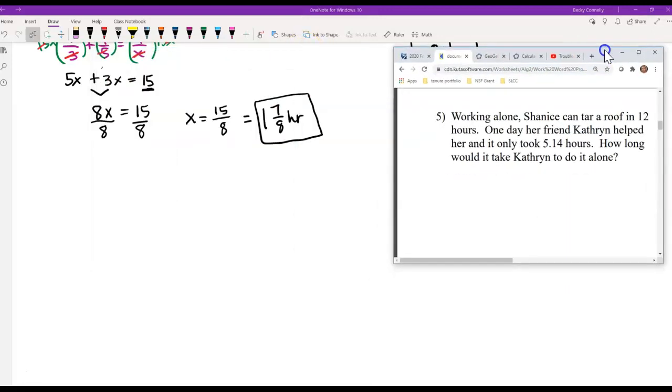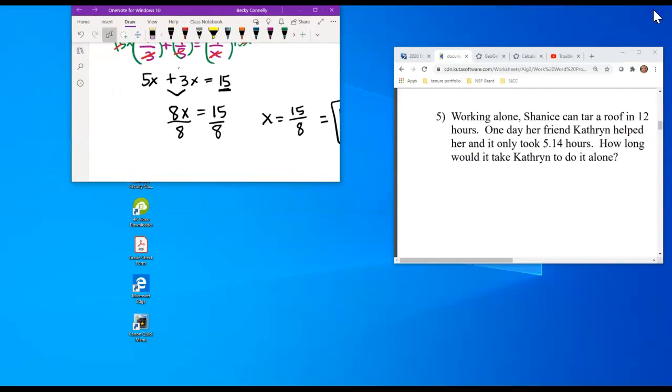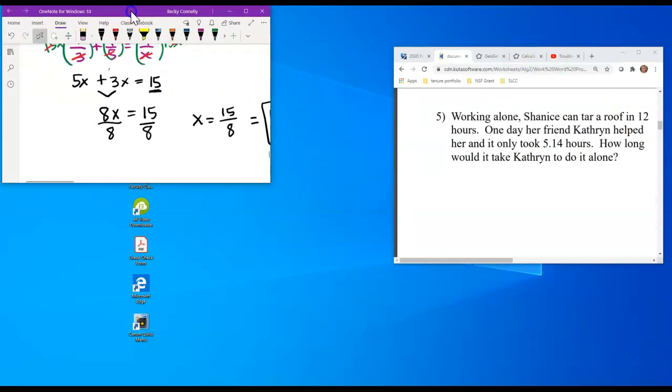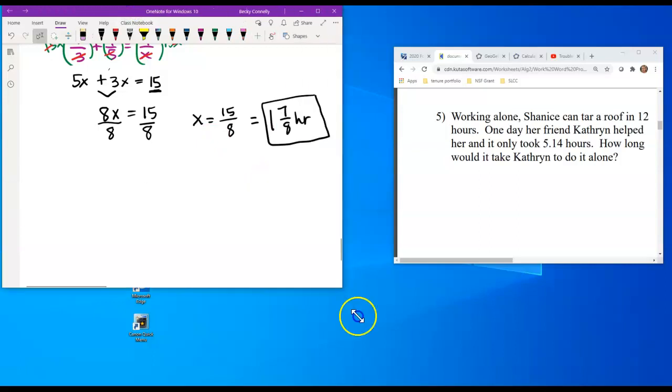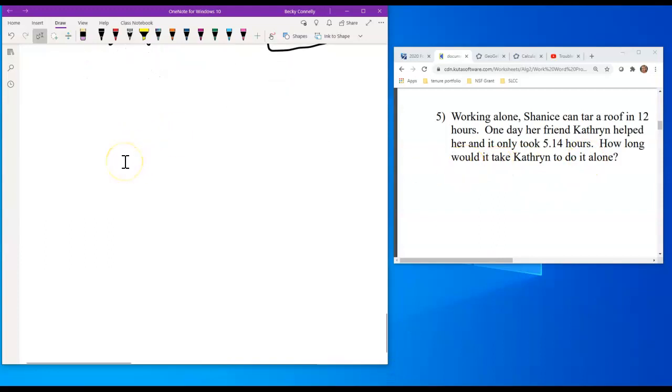Sometimes those PDFs will let me write on it, and sometimes they're kind of crazy.